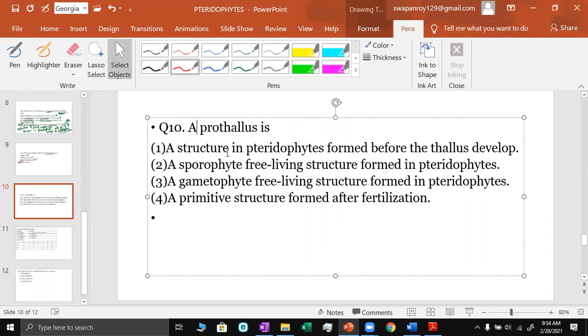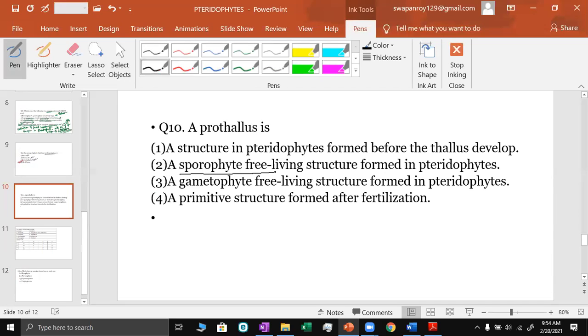Here given, a structure in pteridophyte formed before the thallus developed. A sporophyte free living structure formed in pteridophyte. This is telling a sporophyte. This prothallus is not a sporophyte. This is gametophyte. So this one is not correct.